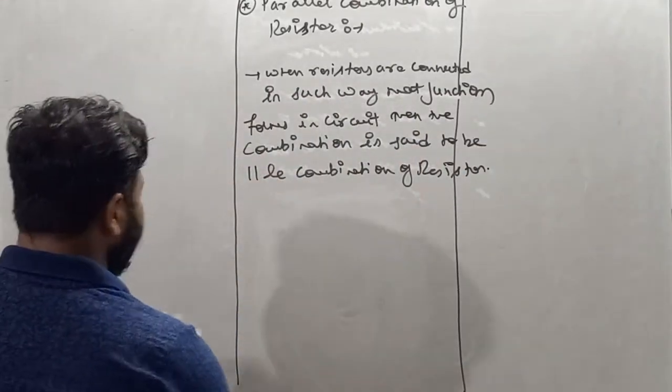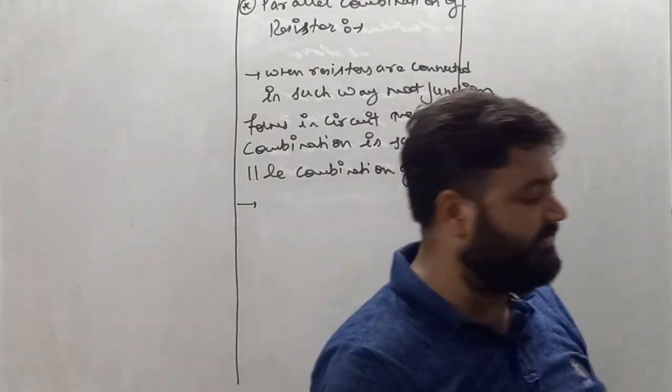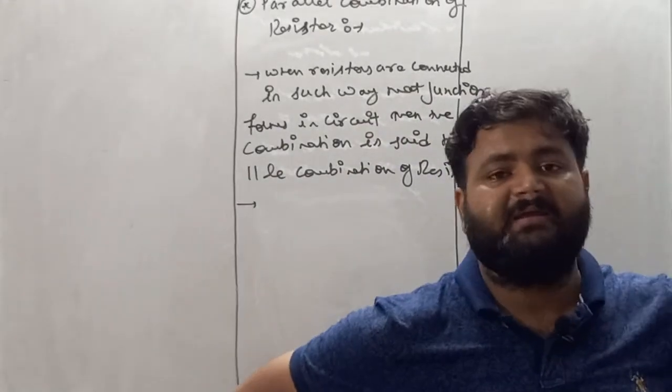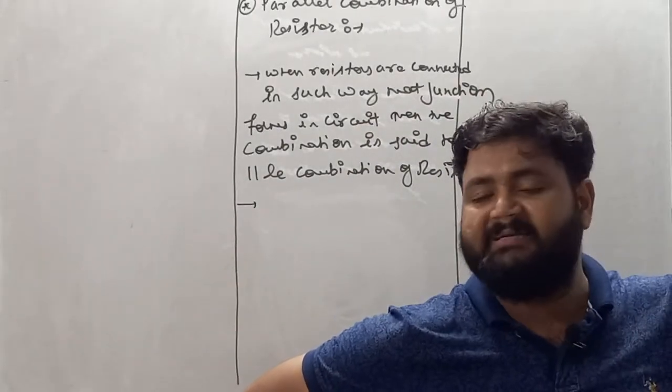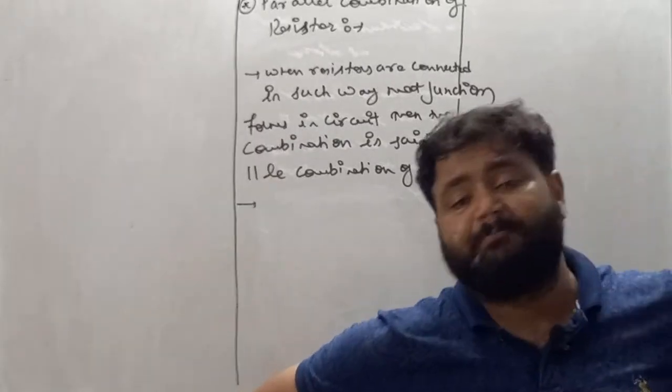Now see, a very important point: in series combination, the potential across every resistor is different and the current is the same. In parallel combination, the current is different but the potential is the same.